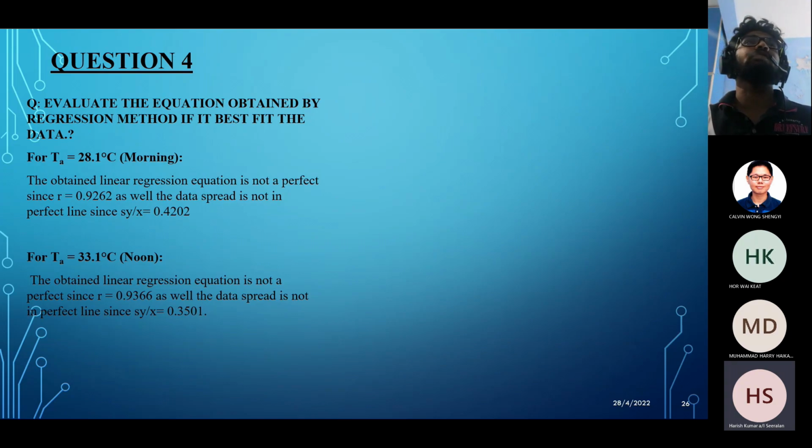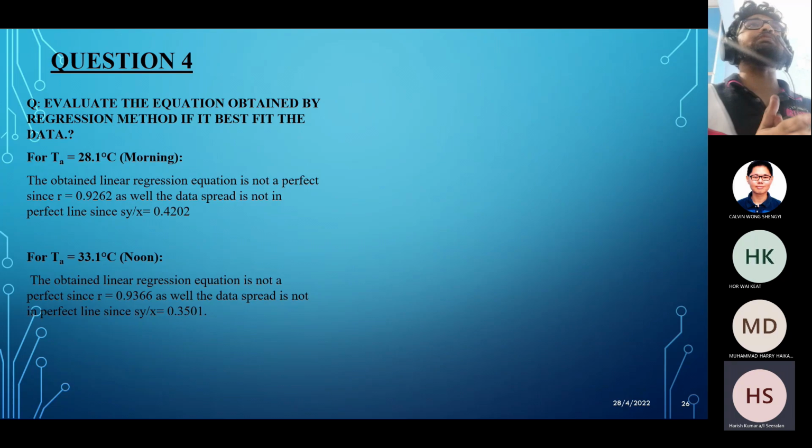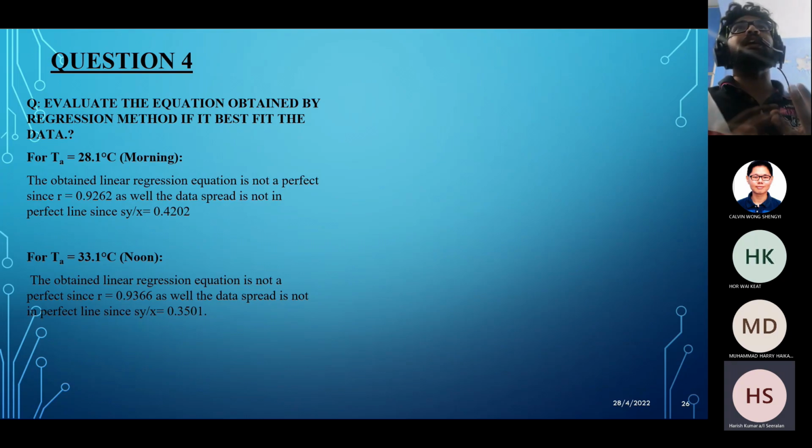So for question 4, the reason why we were trying to find this evaluation using a regression method is to find the best fit from the data. We used three different methods, from morning, noon, and air conditioning room. But these three could not find the perfect R and also the perfect line because the data is spread for all three different methods.